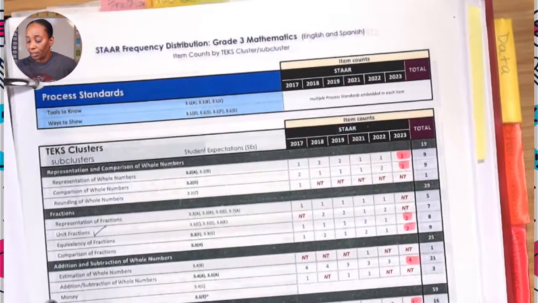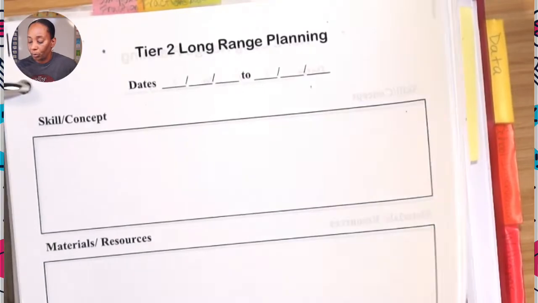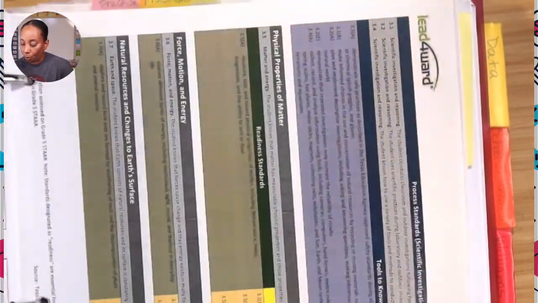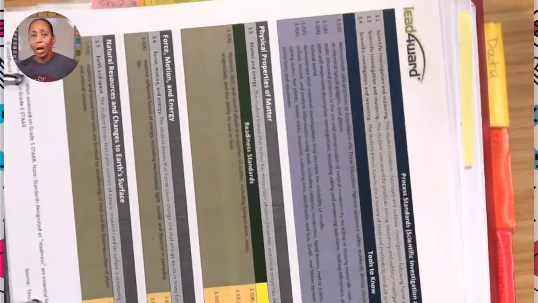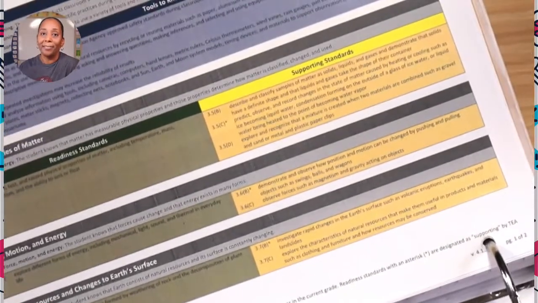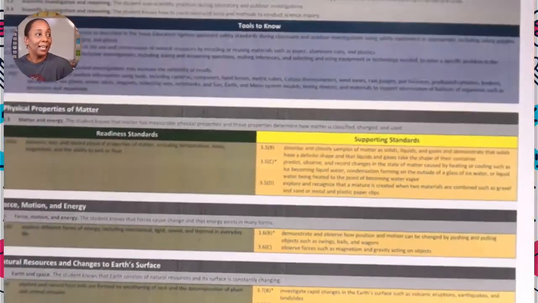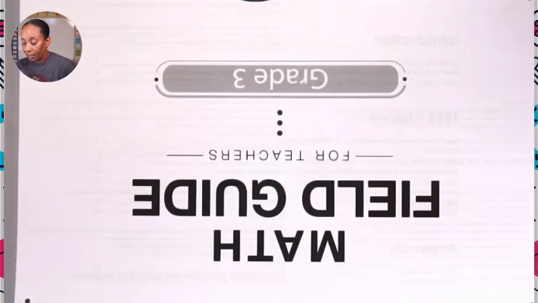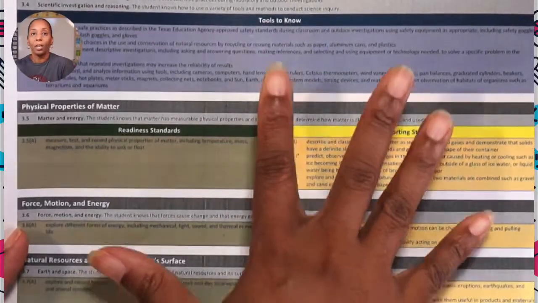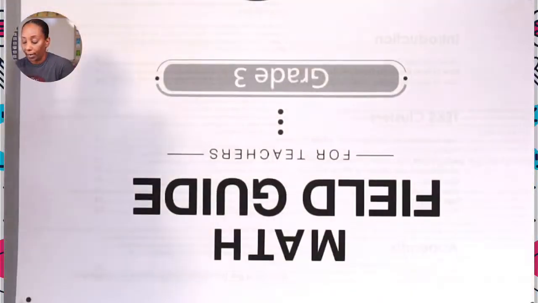One of the other things that I have in here, which I forgot to mention, is my Lead Forward snapshot. And you're probably asking, what is that? Like, this is for science. This is all the standards that have to be taught for 3rd grade.